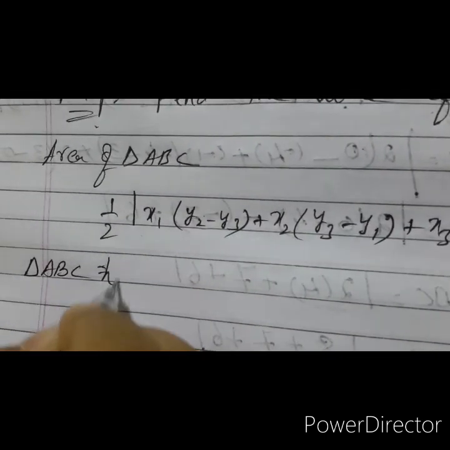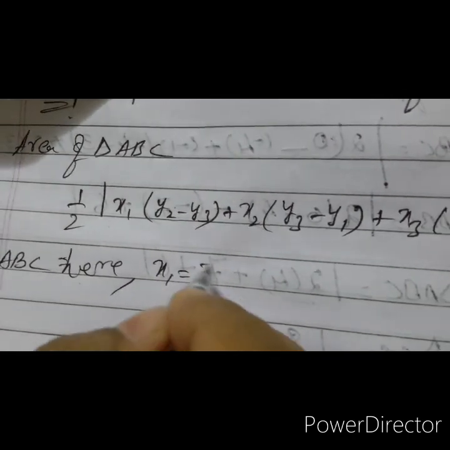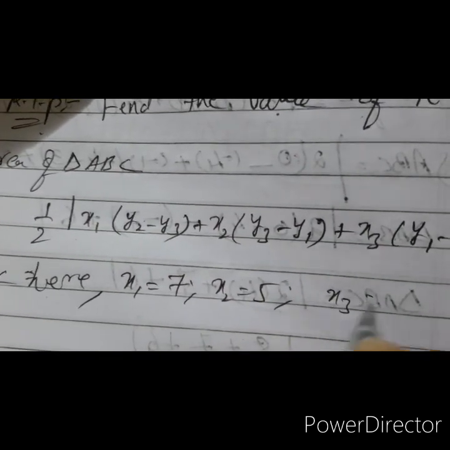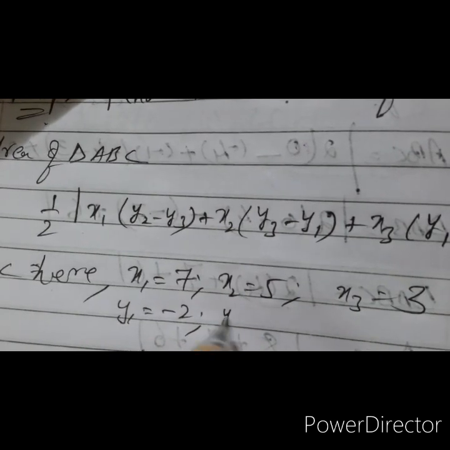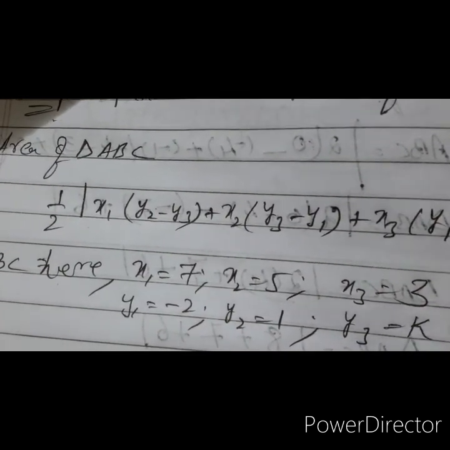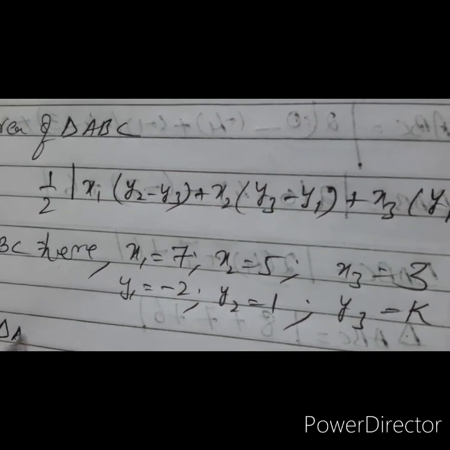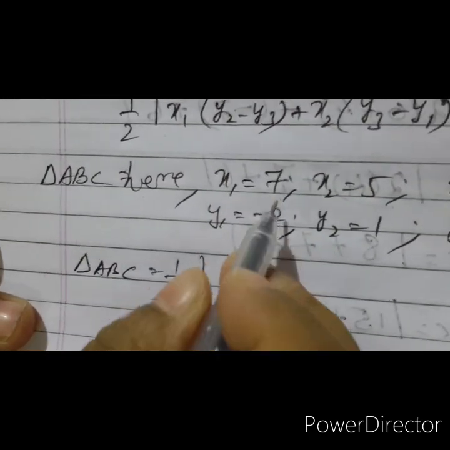Now for area of the triangle ABC, we have to substitute all these values. First of all, we will write what is x1, x2, x3. x1 is 7, x2 is 5, x3 is 3. What is y1? y1 is -2, y2 is 1, y3 is k. This value you have to find out. Clear? Now substitute in area of the triangle ABC.